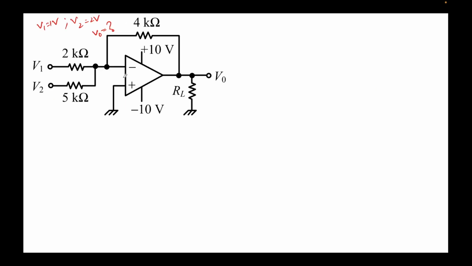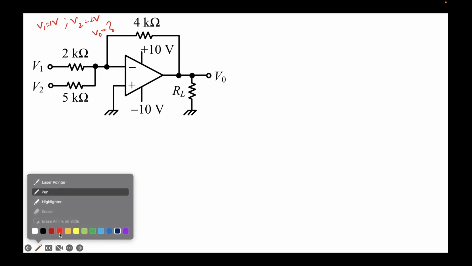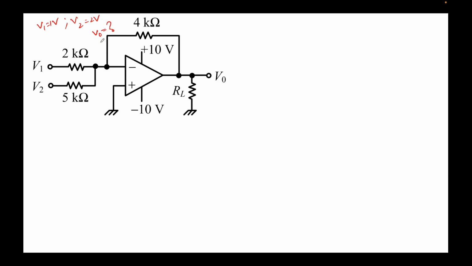Now I have just written on the circuit here that the value of V1 is 1 volt, V2 is 2 volts. We need to find the value of V0. Now we saw that this is a virtual short. So if this is grounded, this potential will also be 0. So let's assume that the voltage of this node is Vx, and I can simply write Vx is equal to 0, due to the virtual short condition.